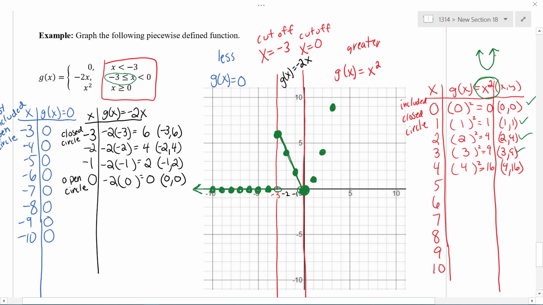That's that U-shaped graph. What we actually end up plotting is the right side of that U-shaped graph only. So when I connect these points, I'm connecting them with that curvy right side of that U-shaped graph. Then I'm going to put an arrow to indicate that I could keep going, plugging in larger and larger x values. But since I fall off my graph, I'm just going to put an arrow to indicate that we could keep going if we wanted, but we're going to stop at the end of our piece of graph paper.